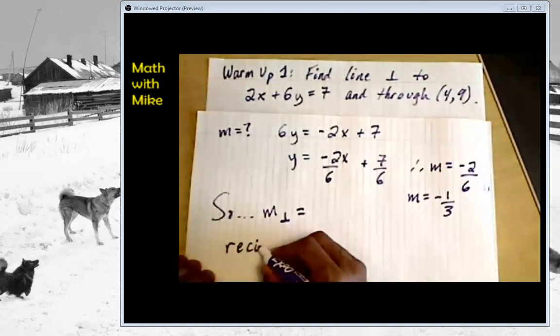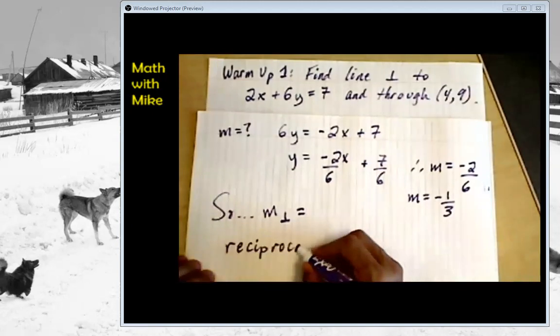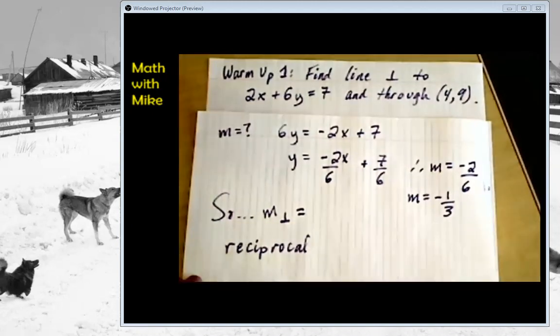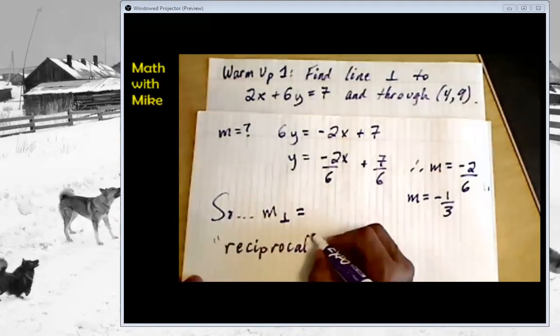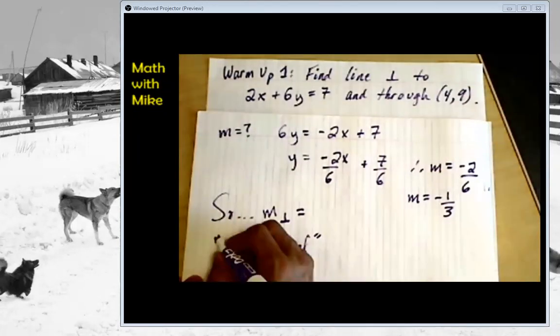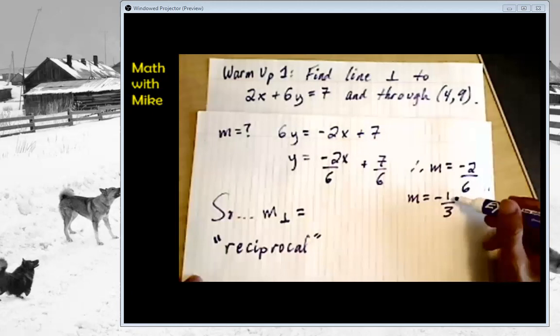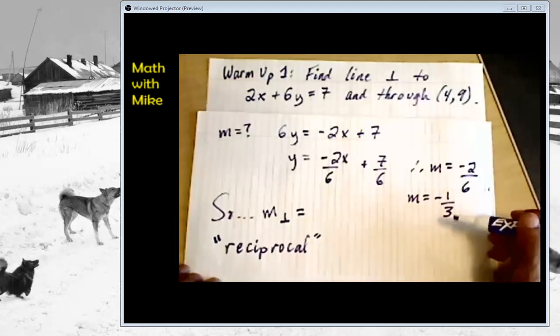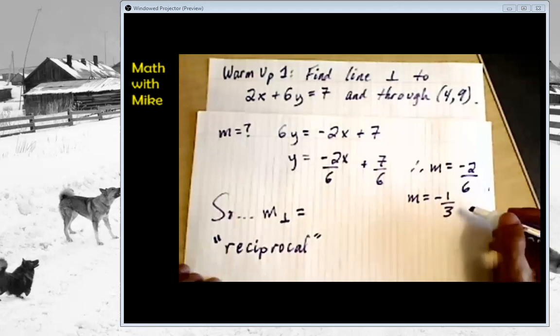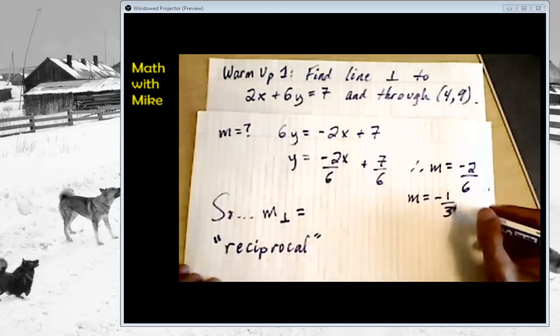The magic word there: reciprocal is where you turn a fraction upside down. And that's true, that's one part of it. So if we turn 1 over 3 upside down, what do we get? Three over 1, which is just 3.